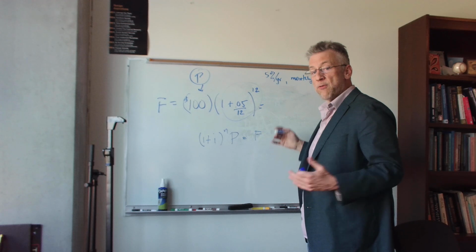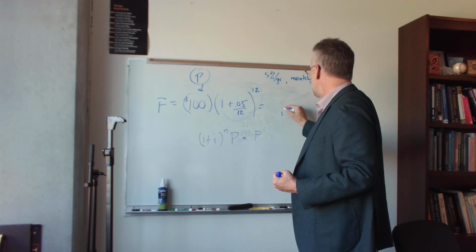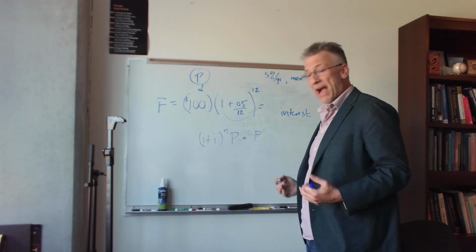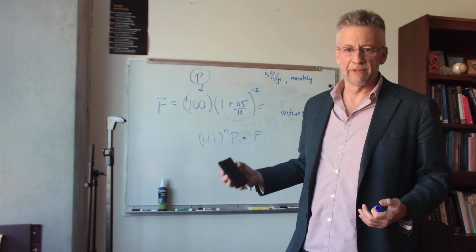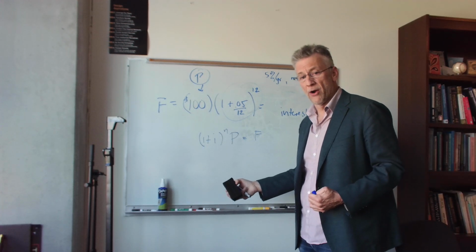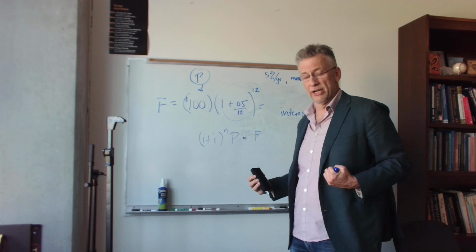When we're going forward in time, we start with a P and we're working towards an F. That's called an interest rate. When we're working backwards in time, when we have a question like, how much would we have to invest today so that we have $105 a year from now, we're working backwards in time from an F to get a P.